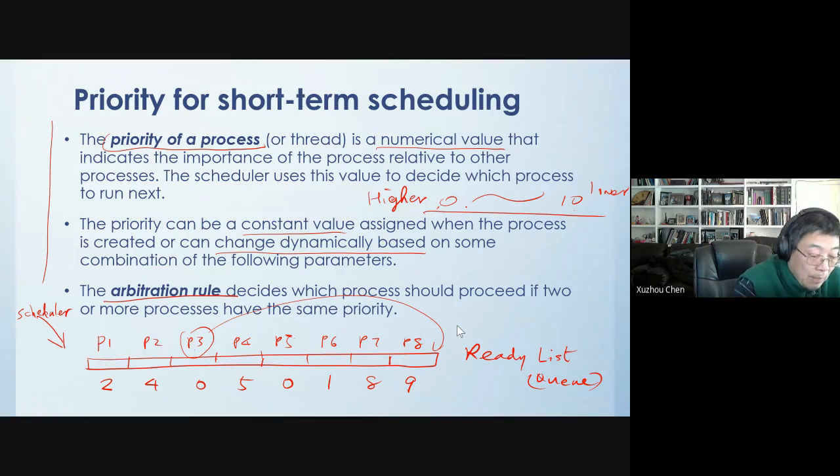Then if the next one is process 5, process 5 will be picked. So the arbitration decides. Sometimes it's also based on first come, first serve. Sometimes it just randomly picks among all the processes with the same priority.